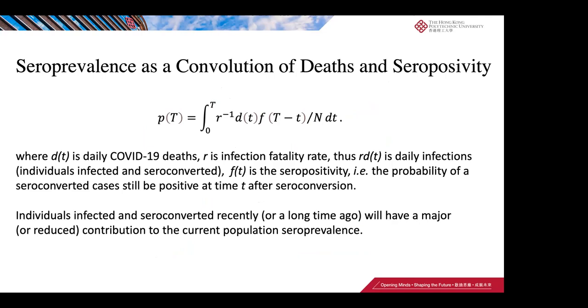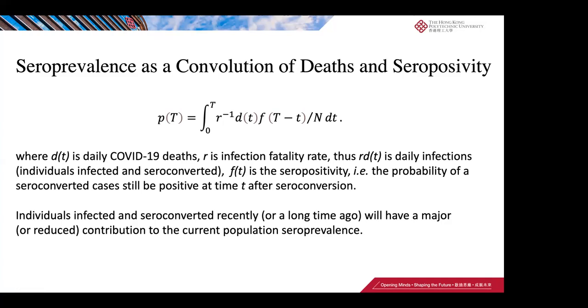You would show antibody positive, and then gradually it would decay. So there is a decay function, which I denote as F. This F is the decay function of your serological positivity over time. We can estimate that from observation data. And this D_t is death data.